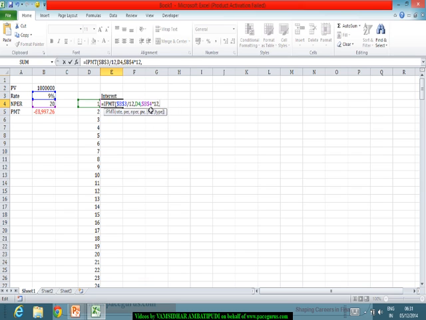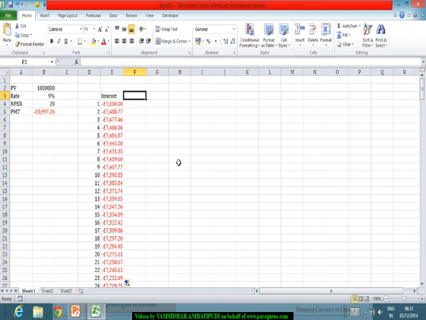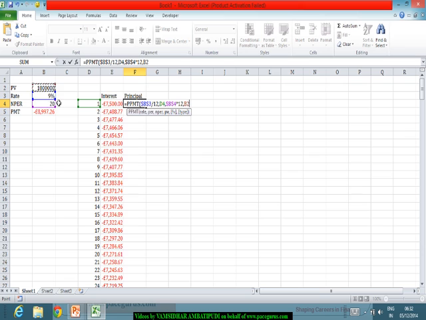The interest portion is going to be around 7,500, and I'm even computing the principal portion using a similar kind of formula.